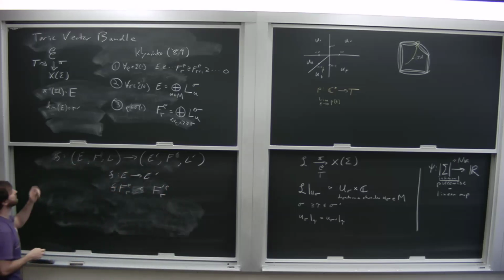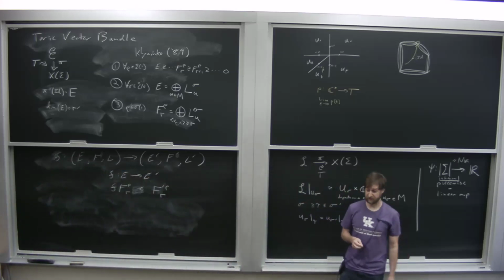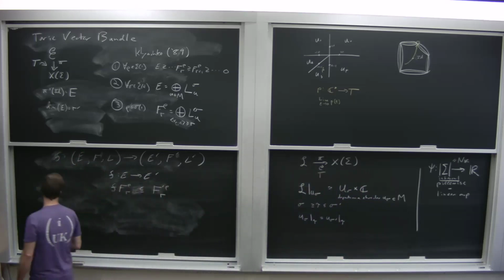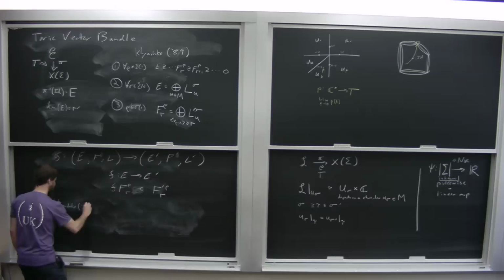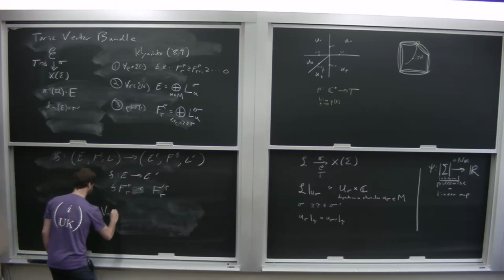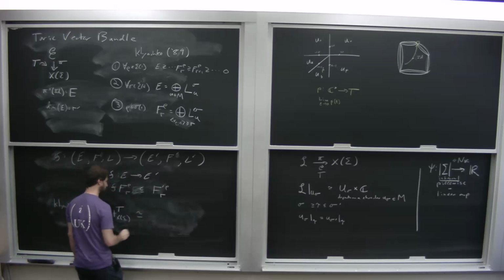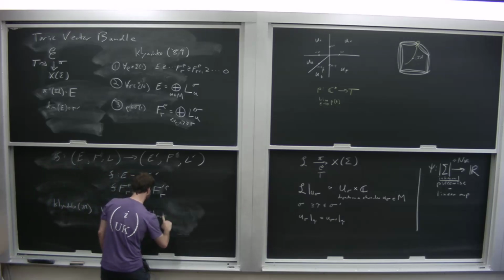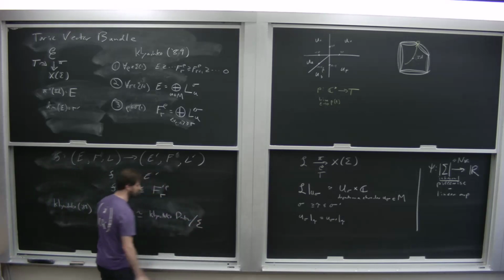It just has to send the filtrations for the domain inside the filtrations for the range. All right. And then Klyachko's theorem says that the category of torus equivariant vector bundles is equivalent to the category of Klyachko data over the fan sigma.